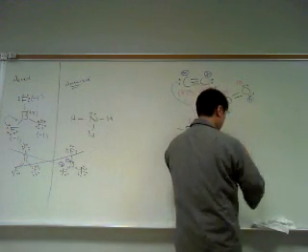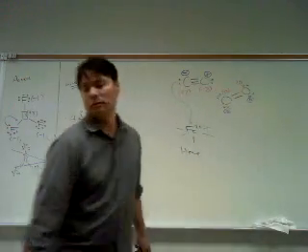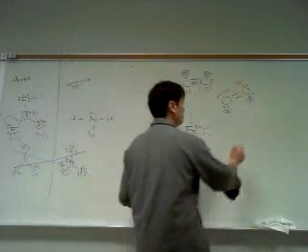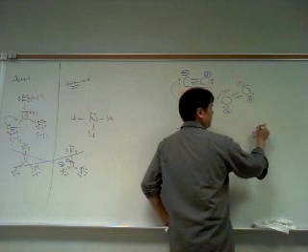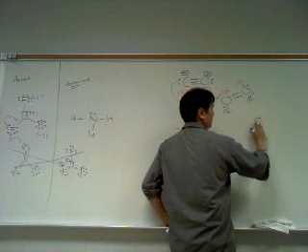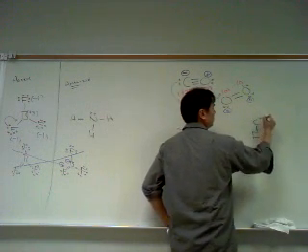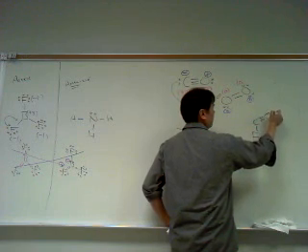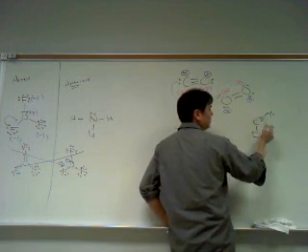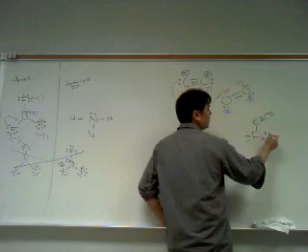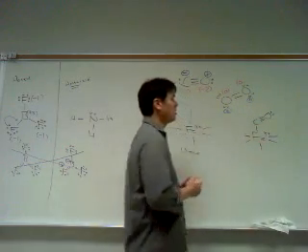And so we end up with carbon monoxide bound to iron in hemoglobin. And so we have that funny way of counting electrons.